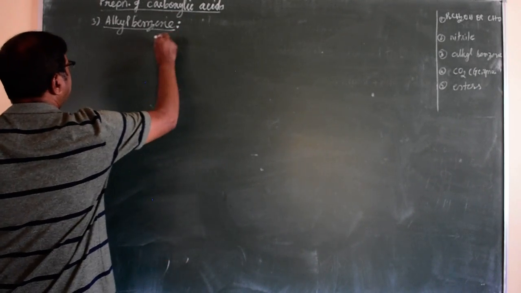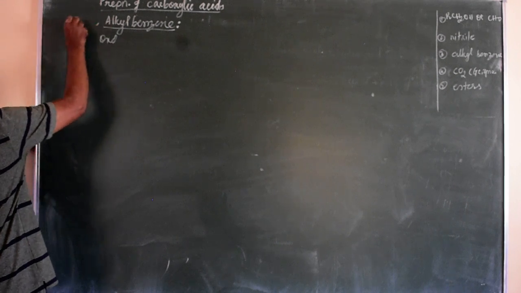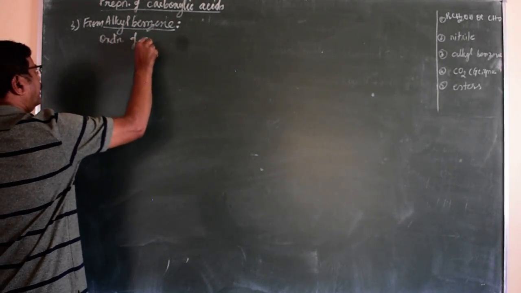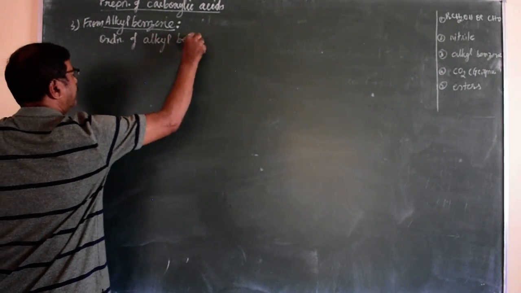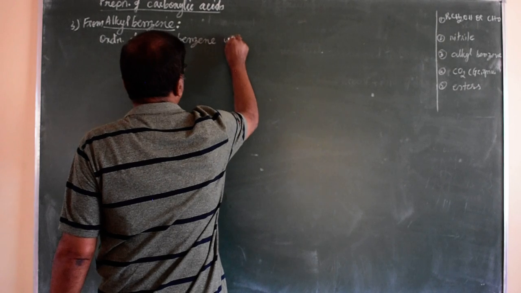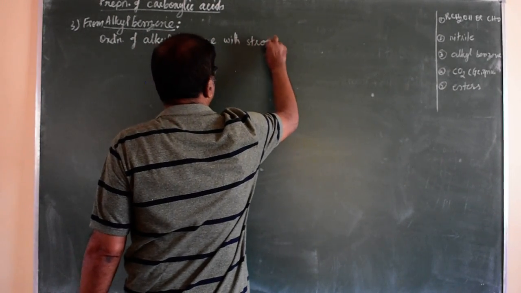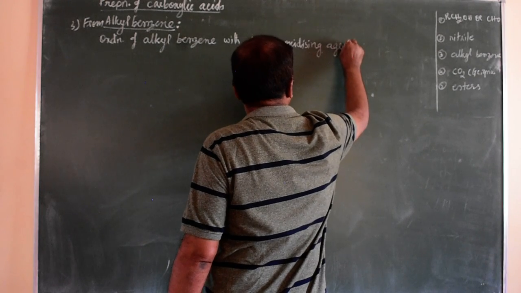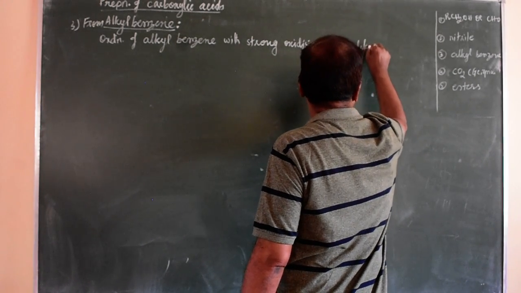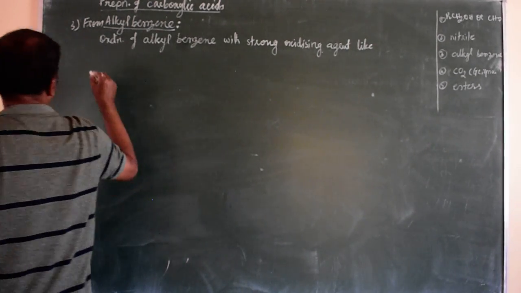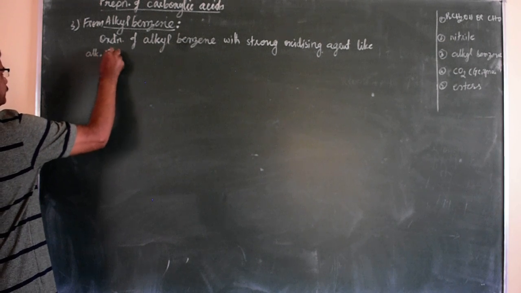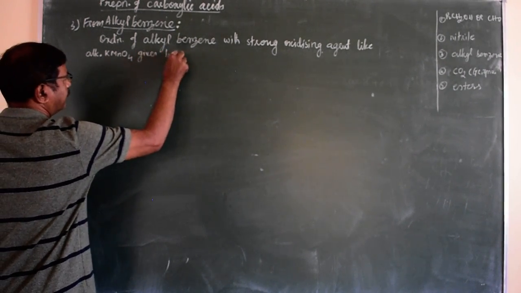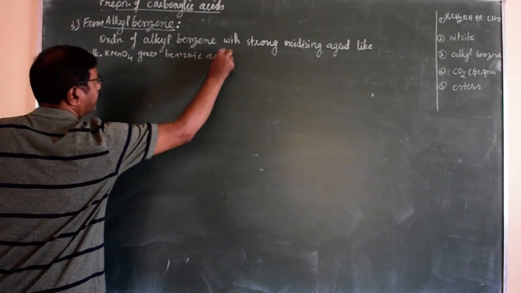So, oxidation of alkyl benzene with a strong oxidizing agent like alkaline KMnO4 gives benzoic acid.